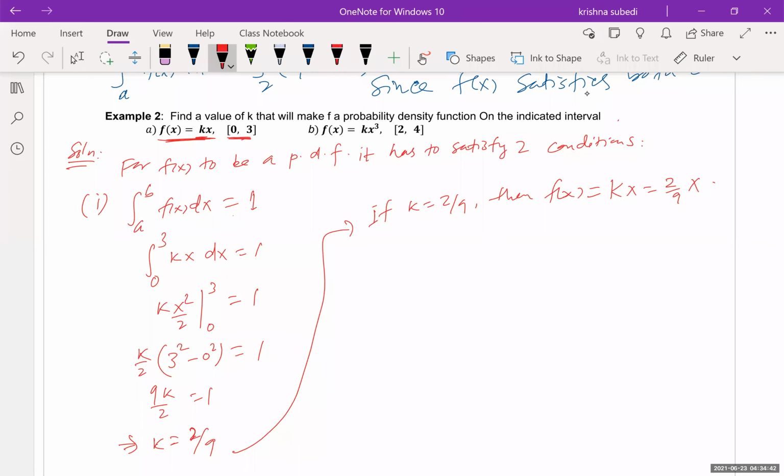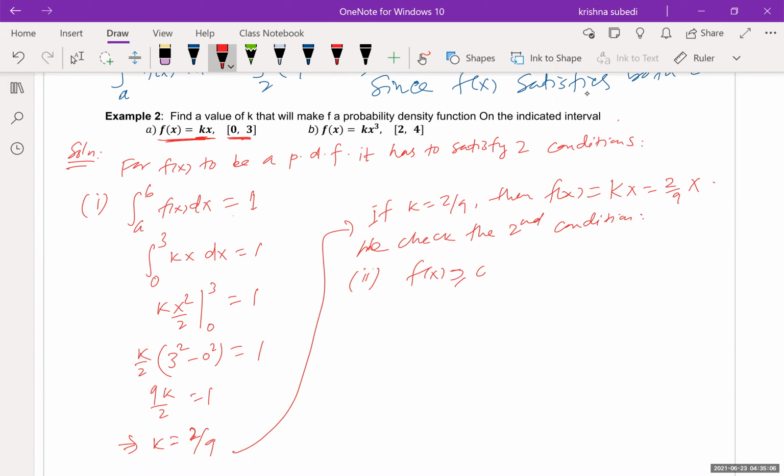Now we check the second condition, which is f of x greater than or equal to 0.